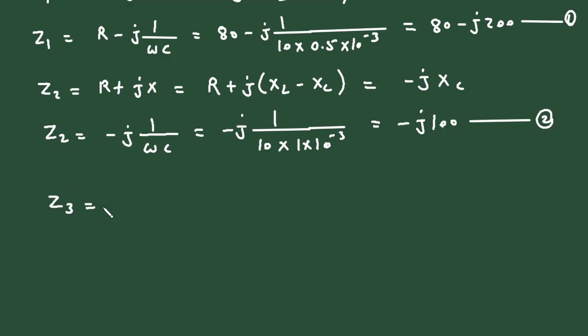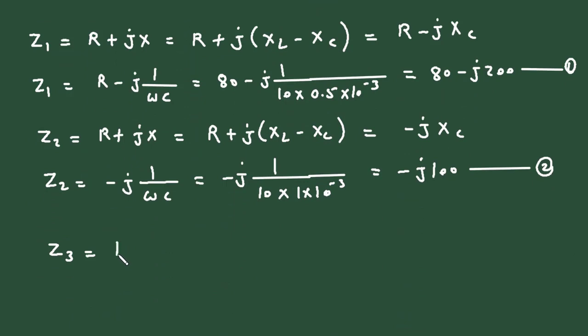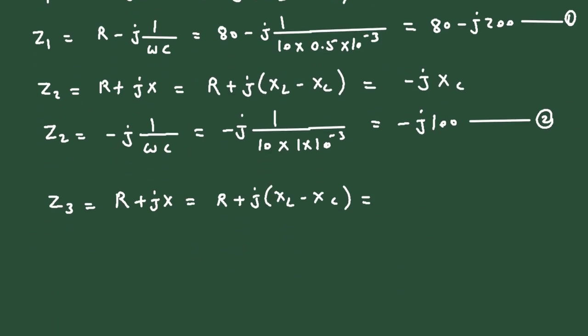Now for Z3. Here Z3 is the combination of inductance and resistance. So again we will write the full equation. It is R plus jX, so R plus j(XL minus Xc). Here the capacitive reactance is 0, so this will be only R plus jXL.